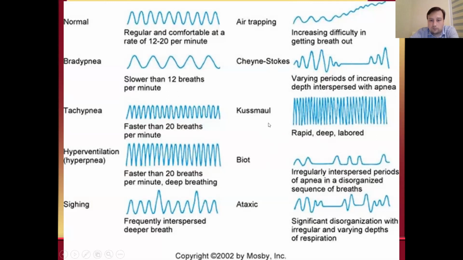Next pathological type, Kussmaul breathing: rapid, deep, labored breathing, very fast and very big. Biot breathing is also characterized by periods of apnea, but the volume stays stable, except in Cheyne-Stokes breathing, where the volume is very different.